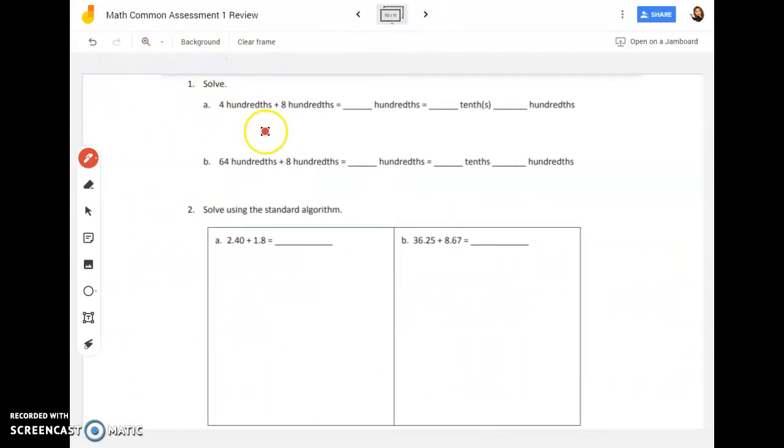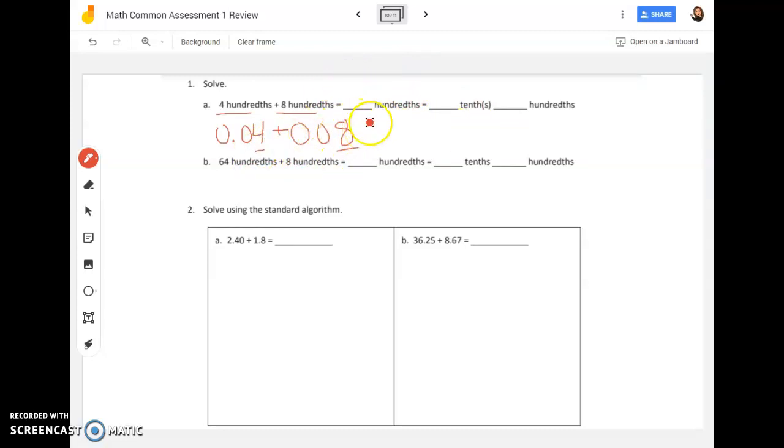We are almost finished. Now we're going to practice adding, and this is what we did in our small groups yesterday. So they gave it to us in word form. We have 4 hundredths, so no tenths, but 4 hundredths, plus 8 hundredths. Again, no tenths, but I do have 8 hundredths. So if we add that together, what is 8 plus 4?